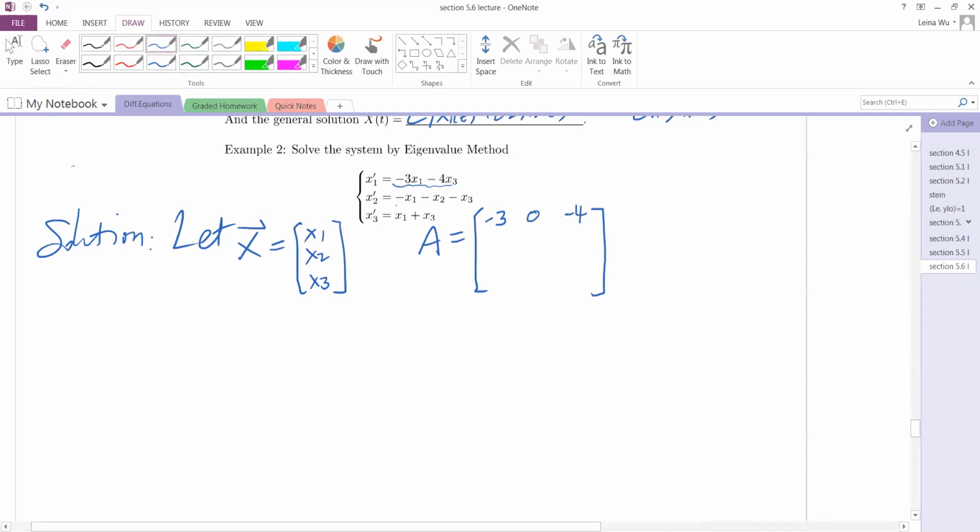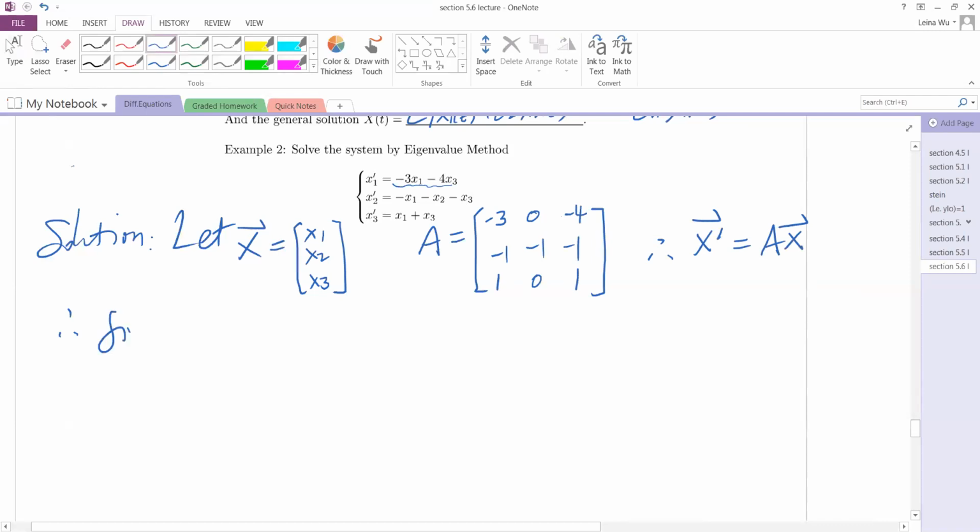Row number 2, we should have negative 1, negative 1, negative 1. Row number 3 would be 1, 0, 1. So this is first order, x prime equals Ax, and homogeneous because there's no extra terms.